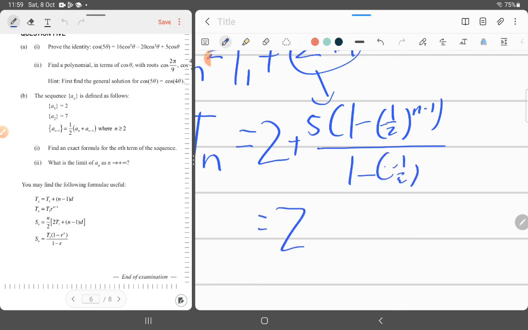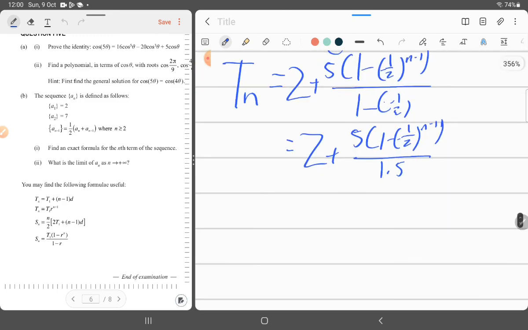So just 2 plus 5 brackets negative half to the power of n take away 1 all over 1.5. So this is how you get it.